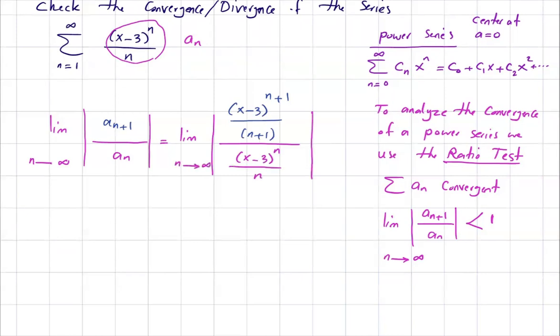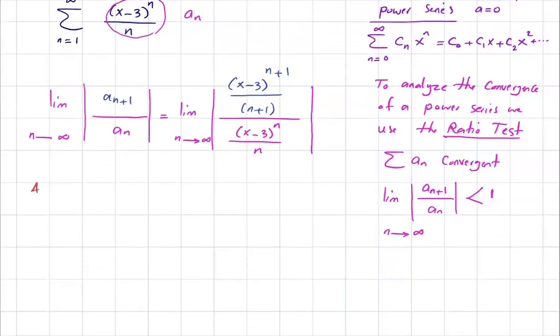Now we're going to do a little bit of algebra to simplify this fraction before we take the limit. So you end up with the limit of the absolute value.